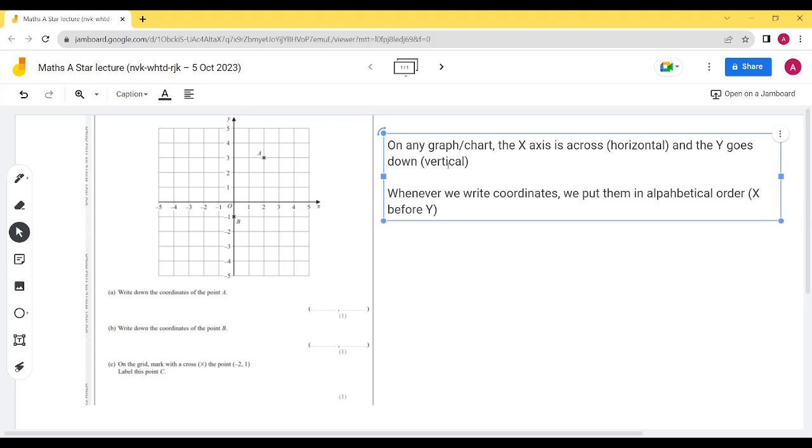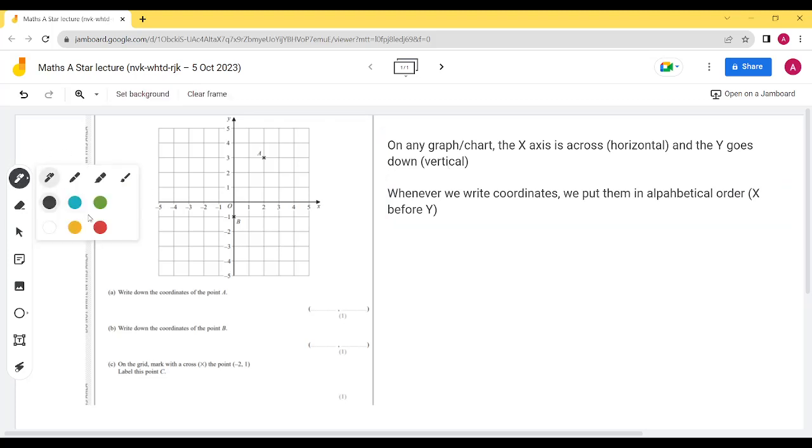So here, for example, question A is to write down the coordinates of point A. We can see where A is on our graph up here. If we look at what it's in line with, it's in line with 2 on the x. We've got 2 on the x and 3 on the y.